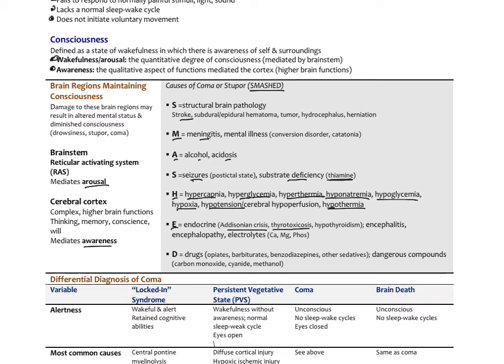Thyroid toxicosis is excess thyroid or low thyroid. Encephalitis, encephalopathy, and then electrolytes like calcium, magnesium, phosphorus being dysregulated. And then finally, different drugs. So opiates, barbiturates, benzos, things like carbon monoxide, cyanide, methanol, all these can induce coma. So just to give you kind of an overview there.